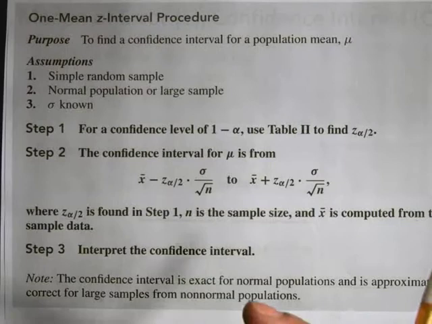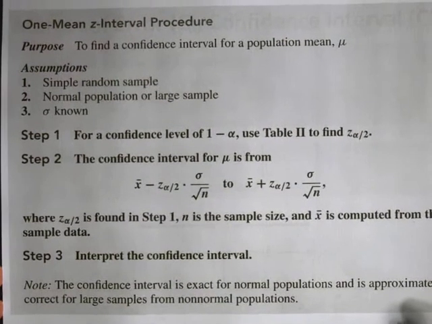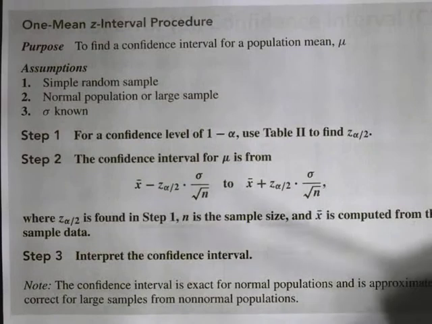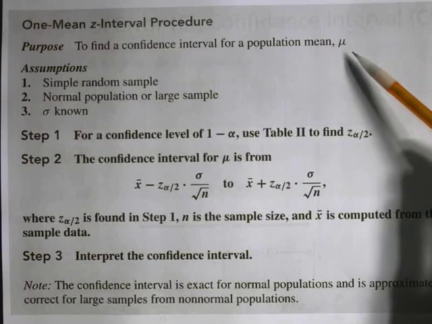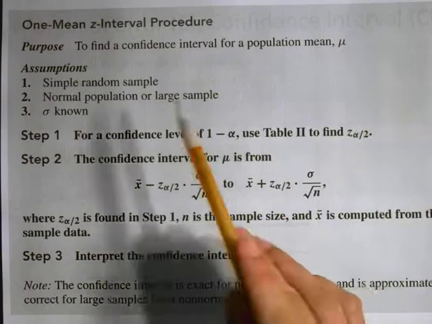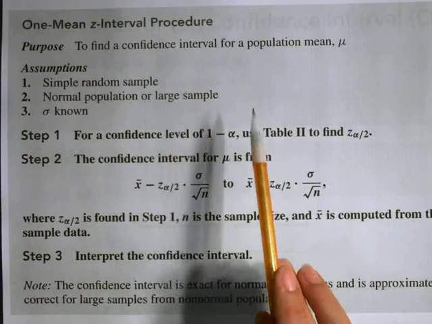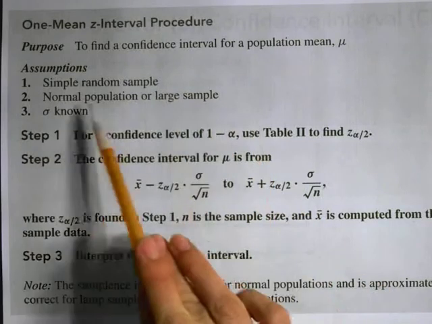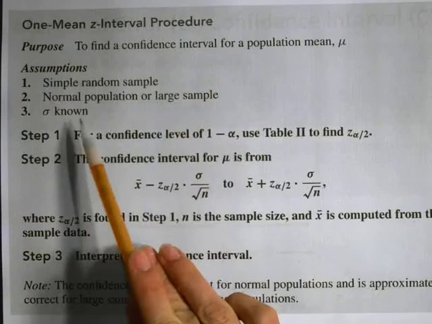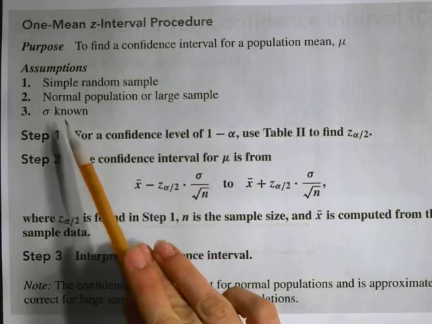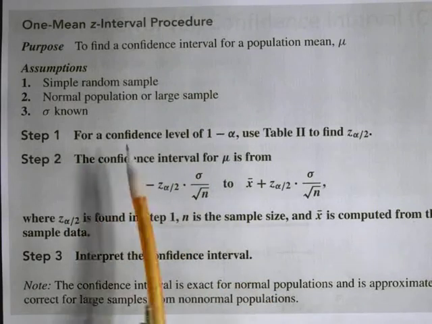Okay, so there is a useful procedure to follow when you're doing all of the problems in Chapter 8. If we're using the Z statistic, we want to find a confidence interval for a population mean of mu. So we assume that we have a simple random sample that comes from our population data, and we either have a normally distributed population or a really large sample, and that sigma, the standard deviation of the population, is known.